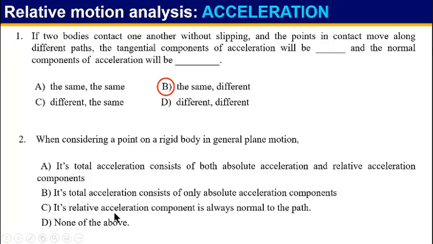D: none of the above. So now, which one is the answer? It should be A. Its total acceleration consists of both absolute acceleration and relative acceleration components, as written in the relative acceleration equation: a_B equals a_A plus a_B/A. So a_B/A is the relative acceleration component. a_B and a_A are both absolute accelerations.